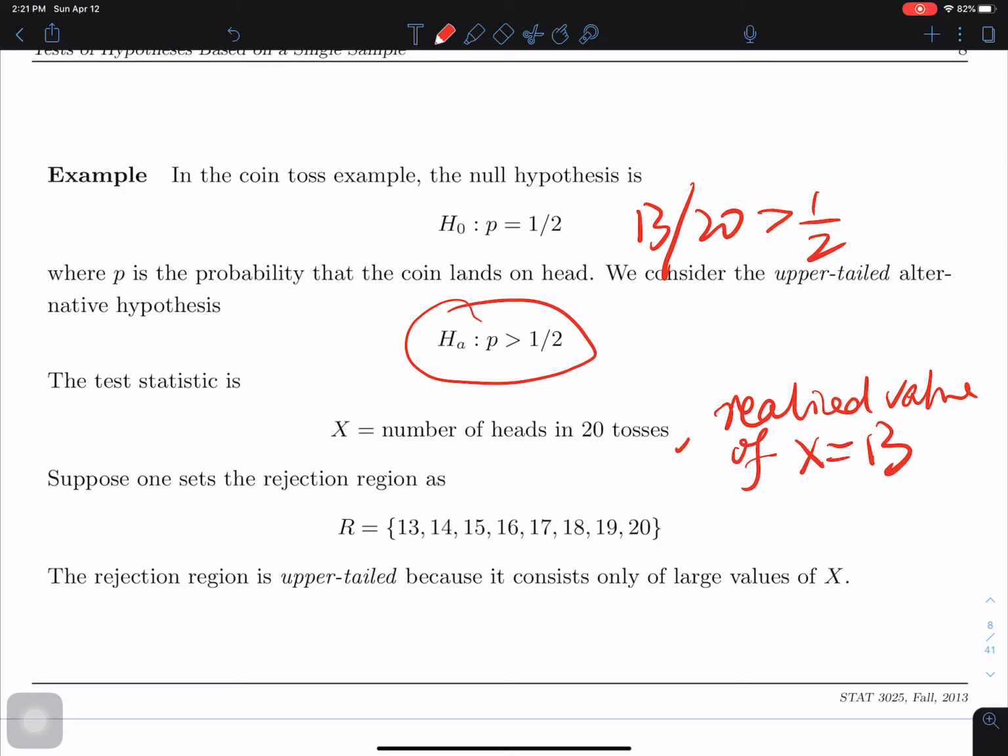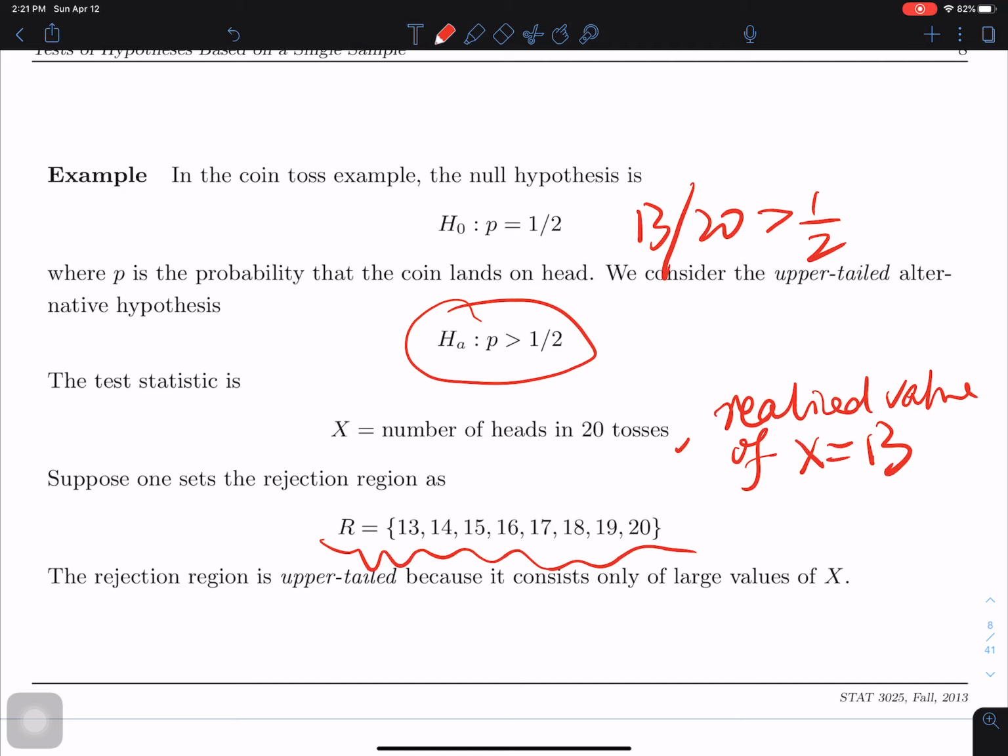And suppose one sets the rejection region as the following. That is to say, when my number of heads is greater than or equal to 13, then I reject the hypothesis that my coin is fair.